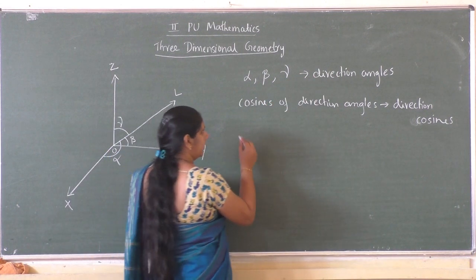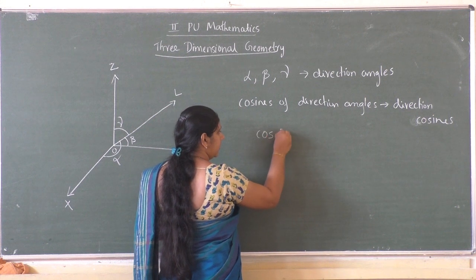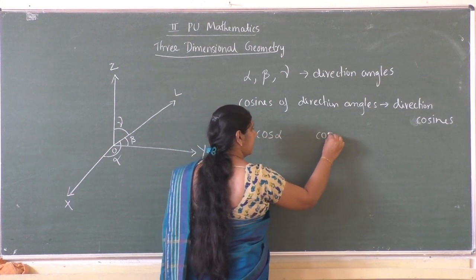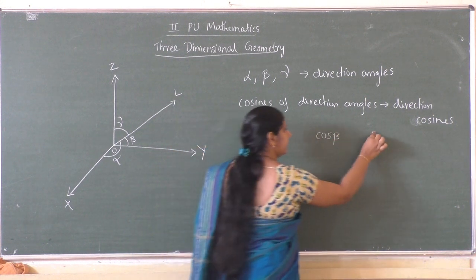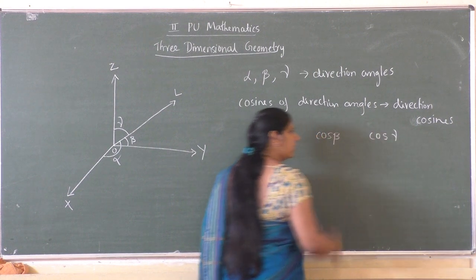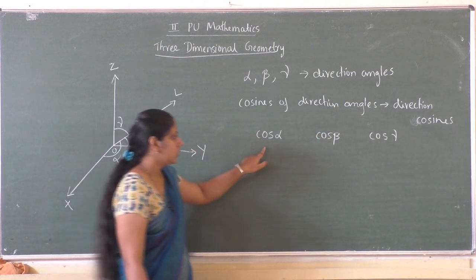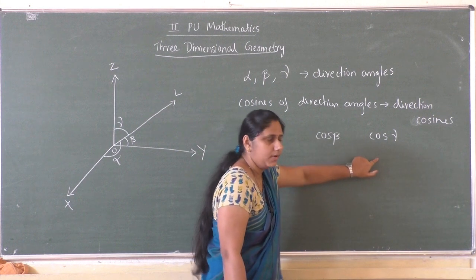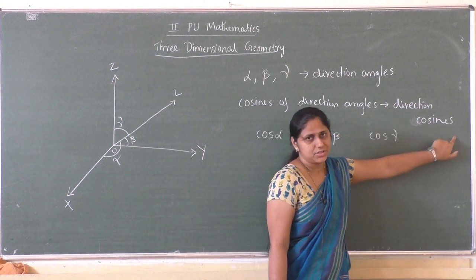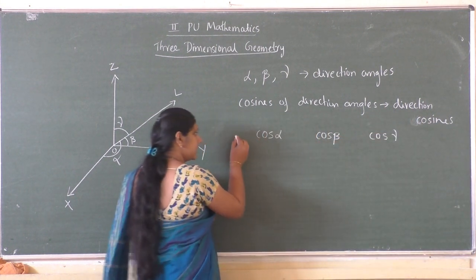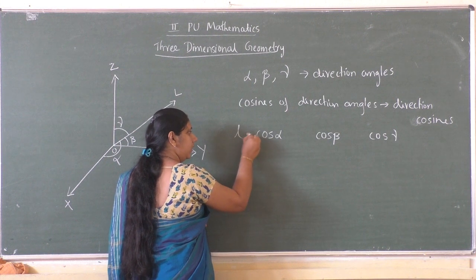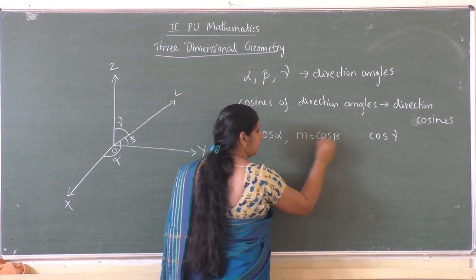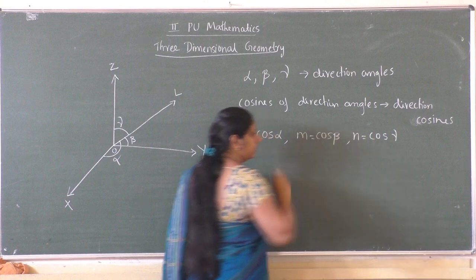That is, what are the direction cosines here? Cos alpha, cos beta and cos gamma. So cos alpha, cos beta and cos gamma are called direction cosines, and they are represented by l, m and n respectively.